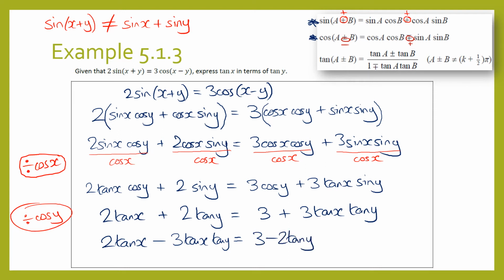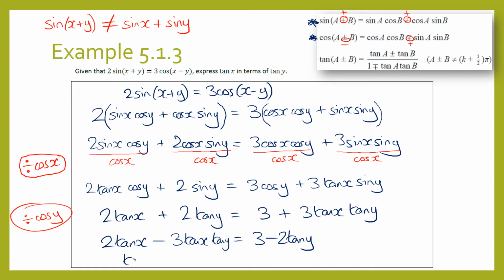There we go, that's rearranging to get anything with tan x on one side and anything that doesn't have tan x on the other side. Pause the video and think, how are we going to get to the end, and try and get to the end. We want tan x to be the subject of this equation. Right, hopefully you've had a go at that.